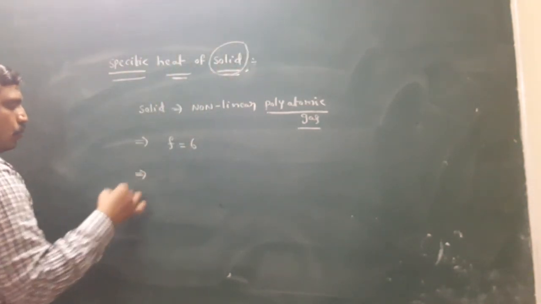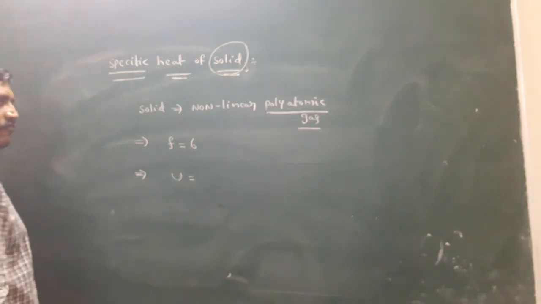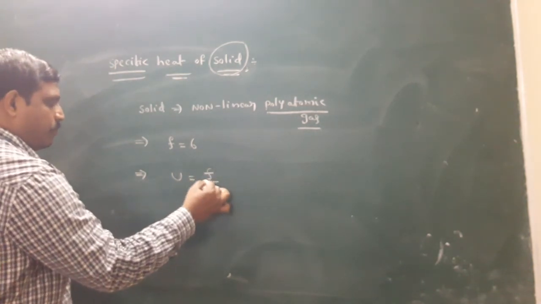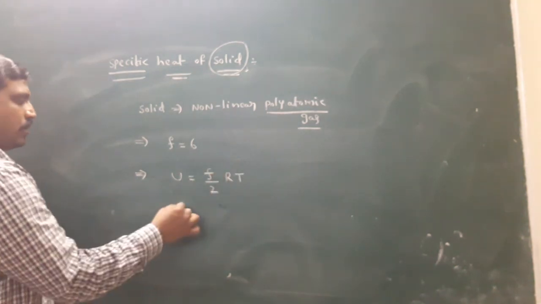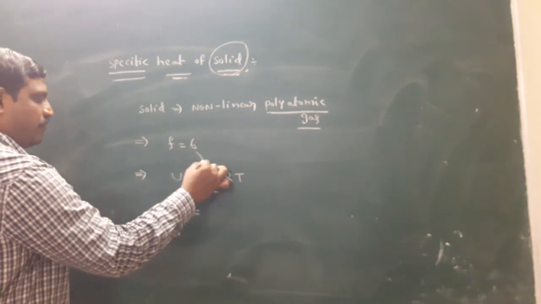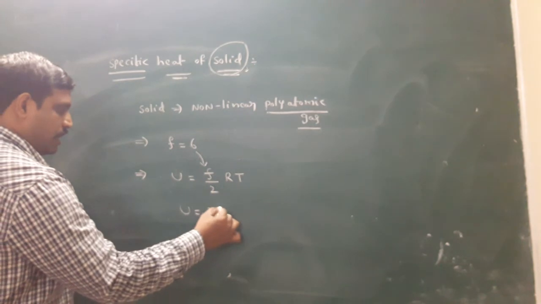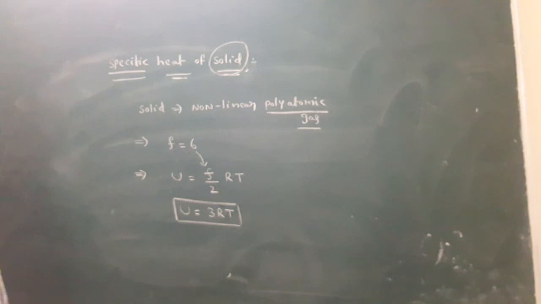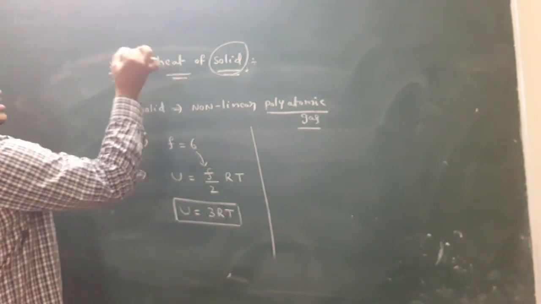Now, what is the internal energy associated with the solid? Internal energy is F by 2 RT. Here the degrees of freedom is 6, so 6 by 2 gives 3RT. This is the internal energy associated with the solid. The question is the specific heat.